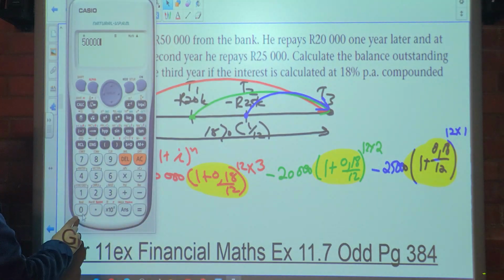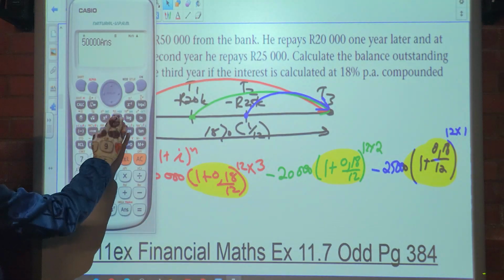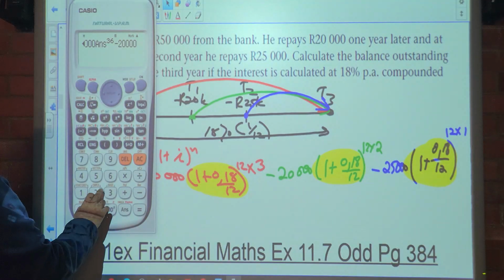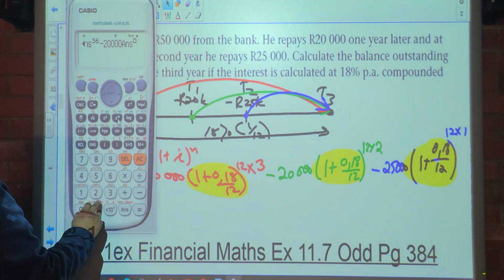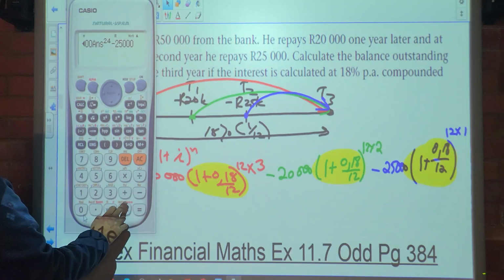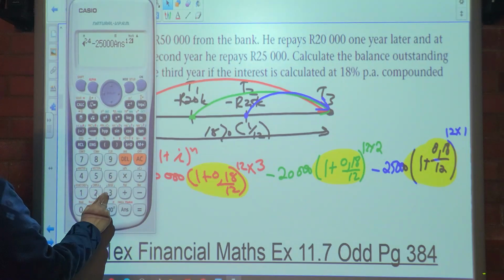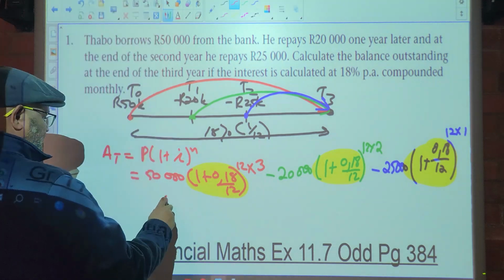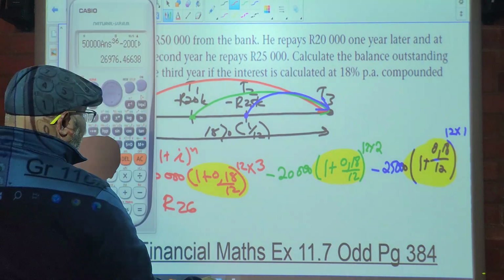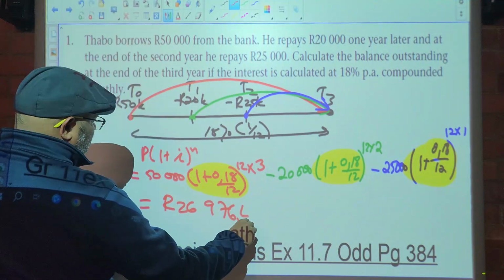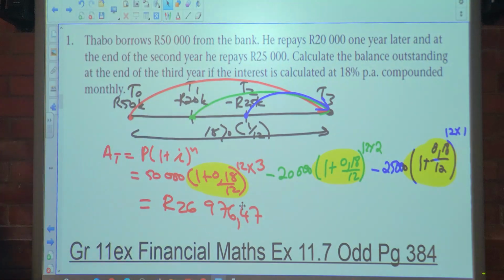It's 50,000 answer to the exponent 36, minus 20,000 answer exponent 24, minus 25,000 answer exponent 12. That gives you 26,976 rand and 47 cents. Is that correct? Just let me know if I made a mistake, okay?